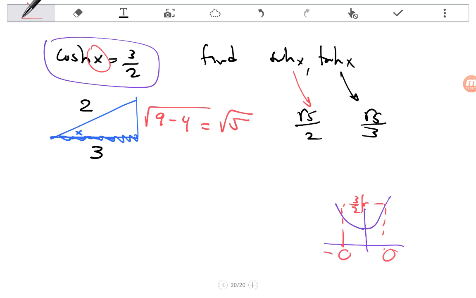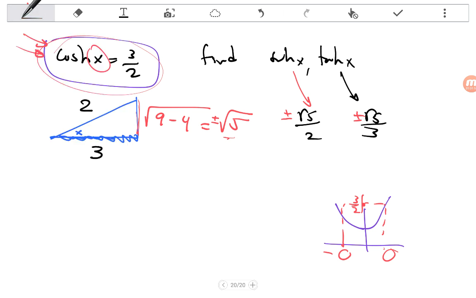I have this one and the other one in the negative side, which is exactly like it, because cosine is an even function. So whenever I have cosine like this, we'll just put plus or minus. This happens only in the case of cosine.